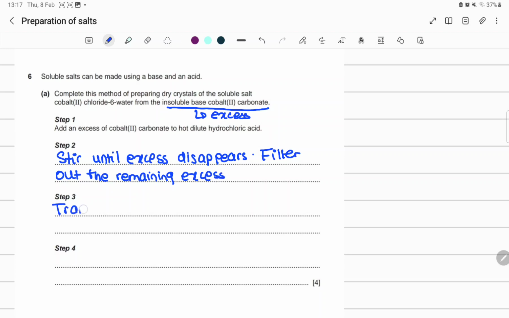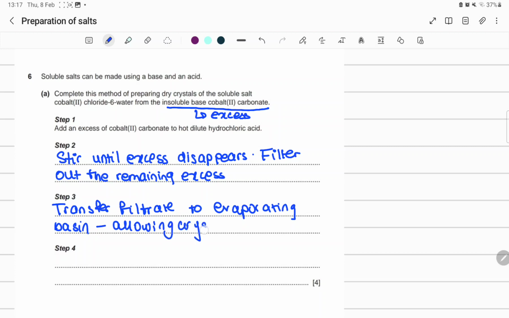Step 3, you can transfer solution or filtrate to evaporating basin and allow crystallization, and allow it to basically crystallize. And after that, you will dry the crystals between filter papers.